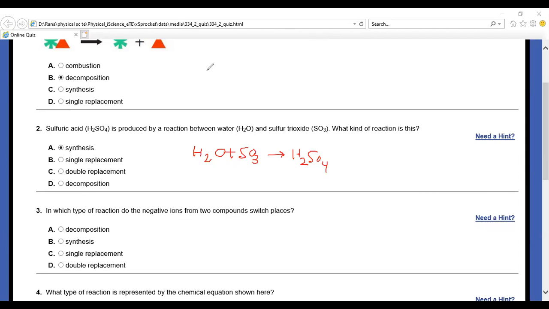For example, when K reacts with NaCl, K is more active than Na, so it will replace it, so it will be KCl plus Na. That's a kind of replacement. Here we find an element plus a compound produce a new compound and another element. You get the idea? Okay, let's pass to the next, guys.